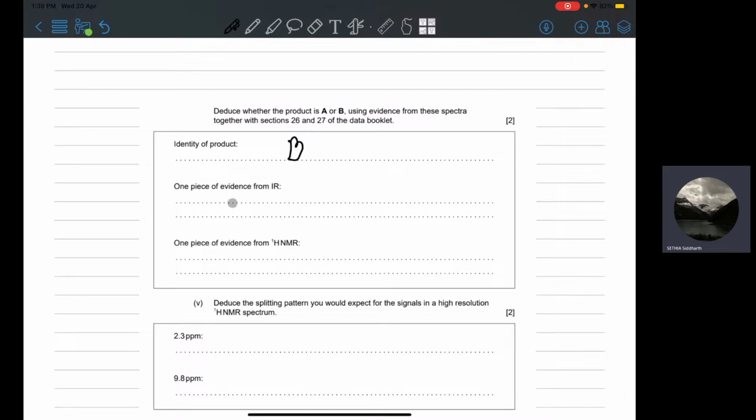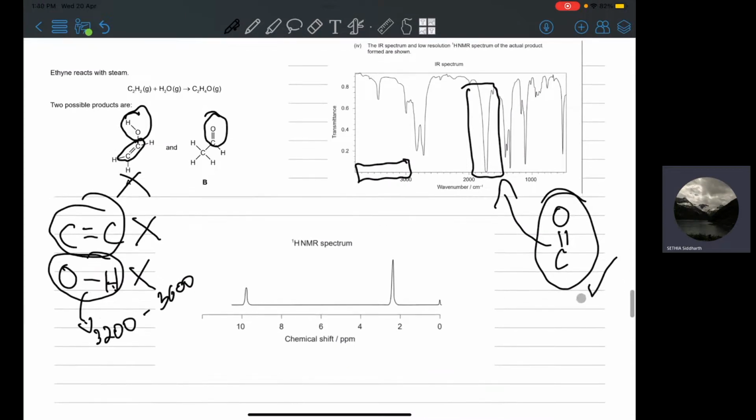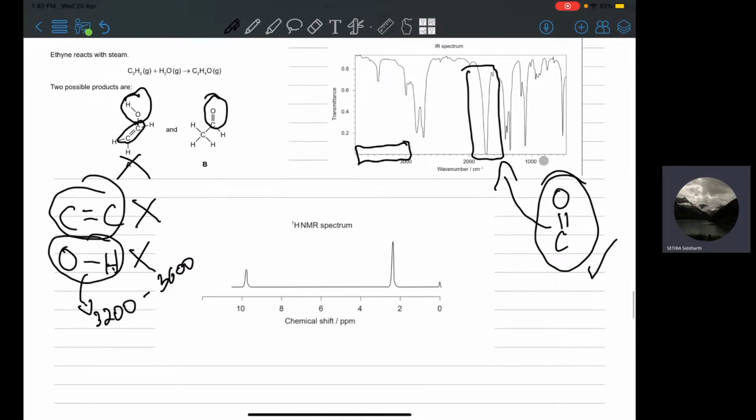So when they ask you to state one piece of evidence from the infrared spectrum, you can say any one of these three pieces of evidence. But what I would always prefer you to say is what is present. So I would prefer you to say that a strong, broad peak between 1,700 and 1,750 is present, which signifies the presence of C double bond O in the compound.